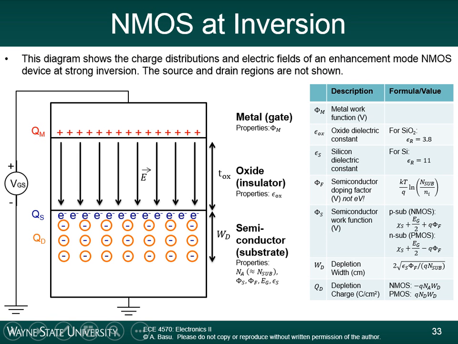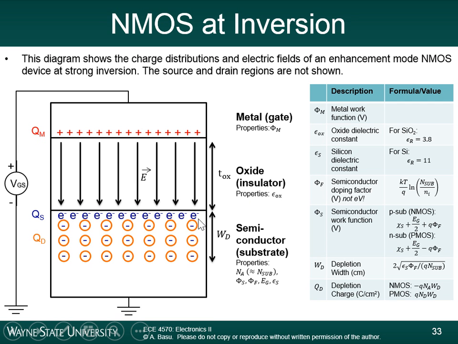The depletion width, now getting to these last two parts here, these are critical in calculating the threshold voltage of a MOSFET. So now looking at this diagram, we have positive charges at the metal gate. We mentioned that before because we placed a positive VGS. So there's a positive charge buildup here.